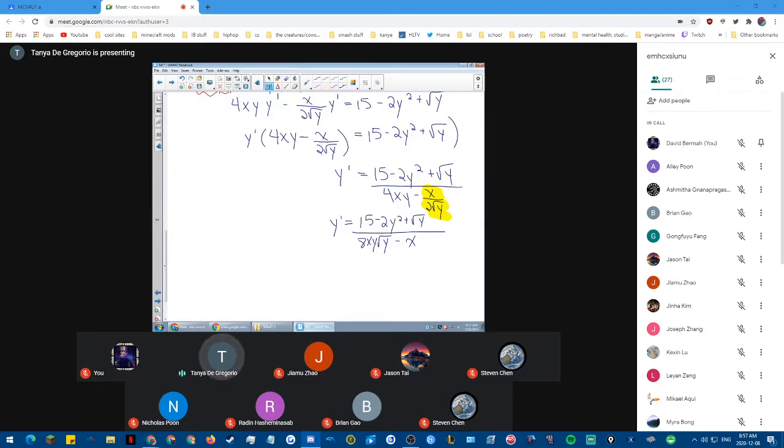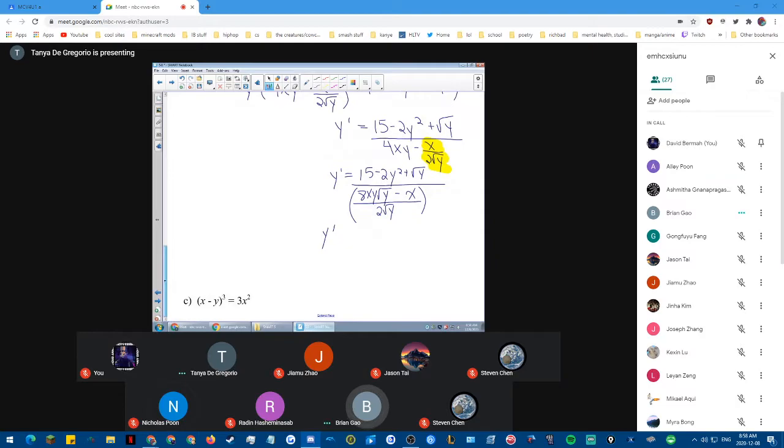And this is all over 2 root y. So we know that when we are dividing fractions, we multiply by the reciprocal. So when I'm multiplying here, I'm going to be multiplying by 2 root y all over 8xy root y minus x. So where is that 2 root y going to end up? The top. Yes, in the numerator.